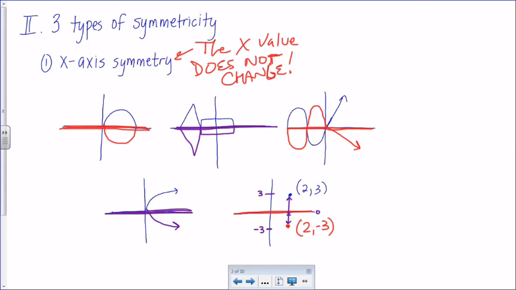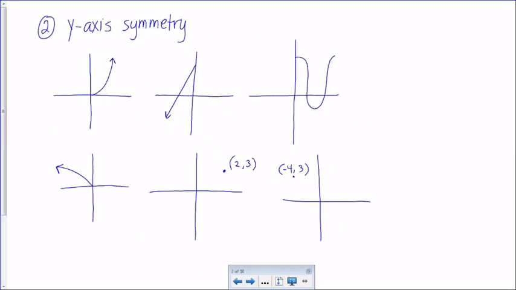So I bet you can make a prediction. If we've done x-axis symmetry, let's go ahead and talk about the y-axis symmetry. Okay. So again, this time the mirror is the y-axis. So it's right here. And this part of the graph looks like this. Again, here is the y-axis, the one that goes up and down.